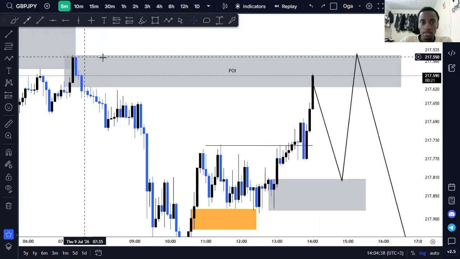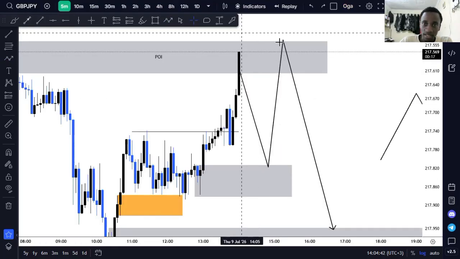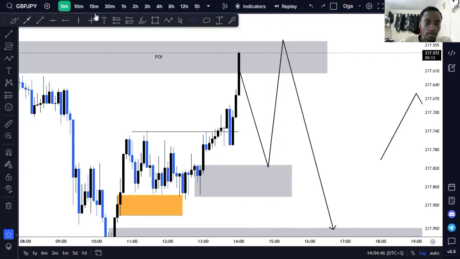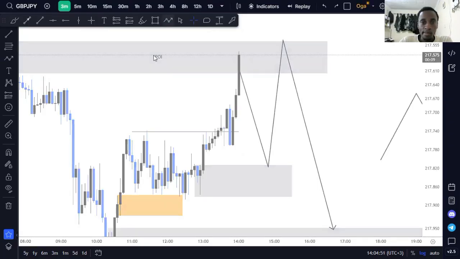Take it out, then continue the move, or break it first and then come back to the zone. Any of the examples I've mentioned can happen.